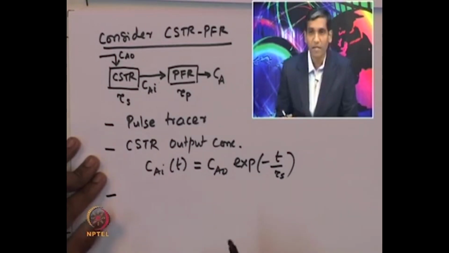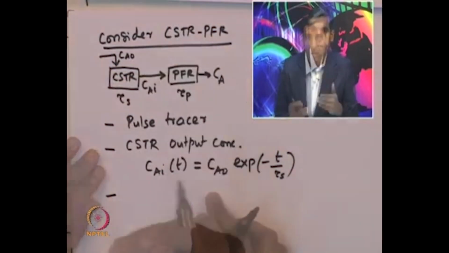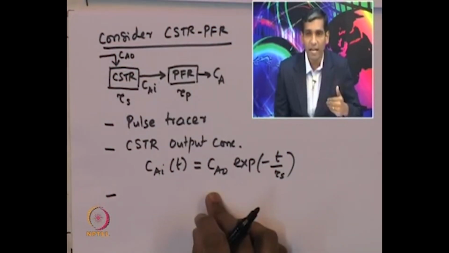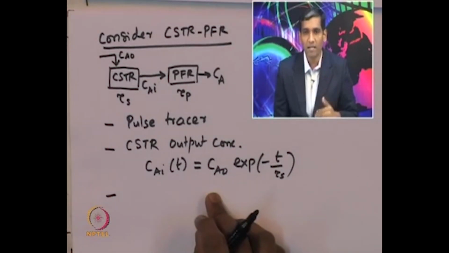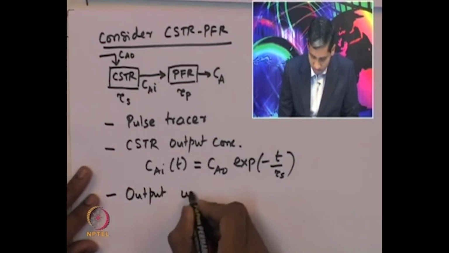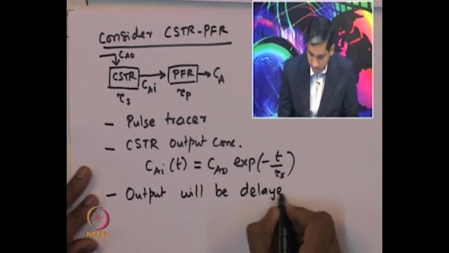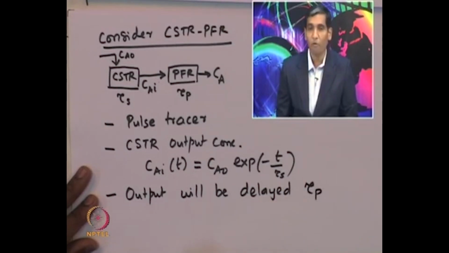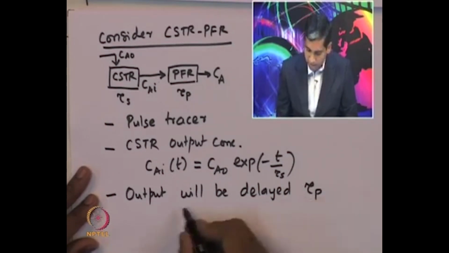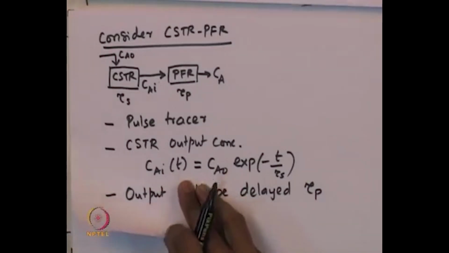Now, the output of the CSTR is fed into a plug flow reactor, and therefore it simply brings a delay in taking the species from the entry of the reactor to the exit. So the output will simply be delayed by the space time of the plug flow reactor, tau p, at the output of the plug flow reactor itself.